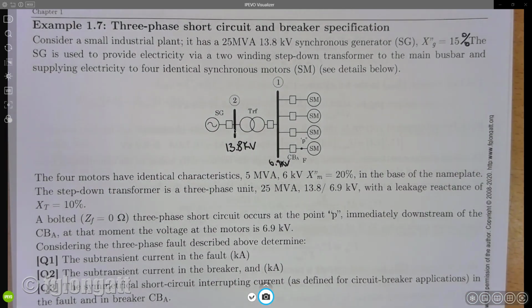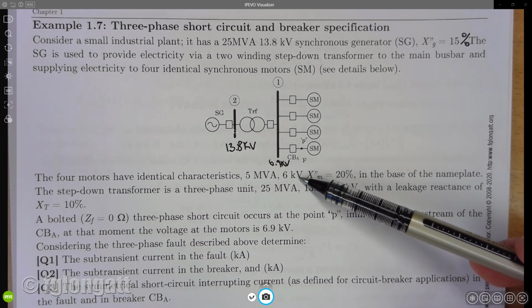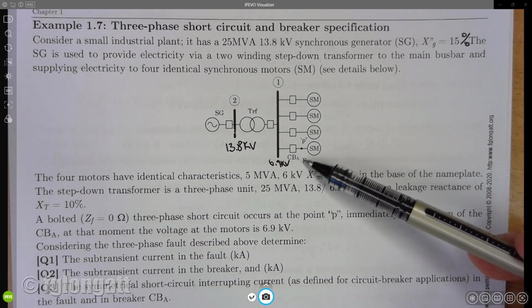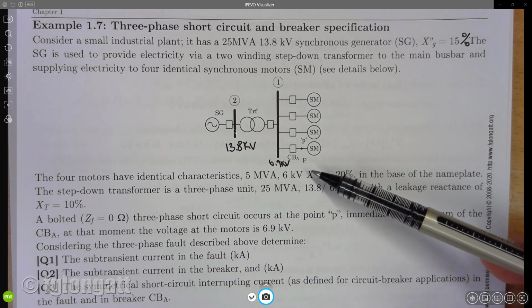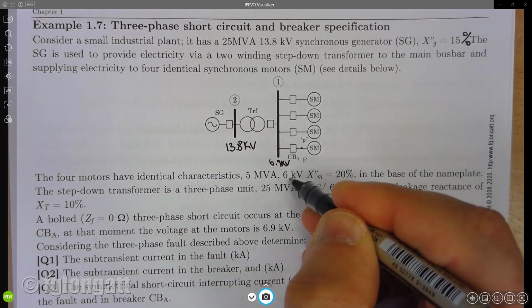4 motors are identical. Each one of them is 5 MVA, 6 kV, and you can see over here, in this case, the subtransient reactance is equal to 20%. Okay, here there is a mistake.